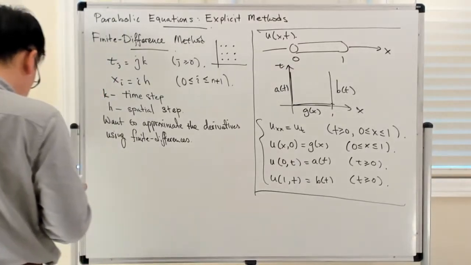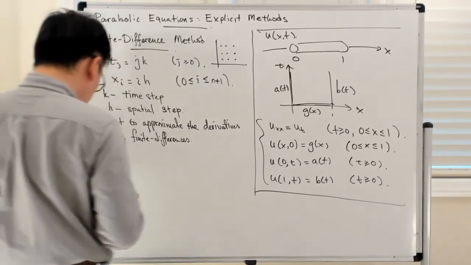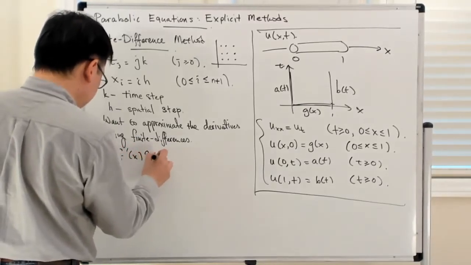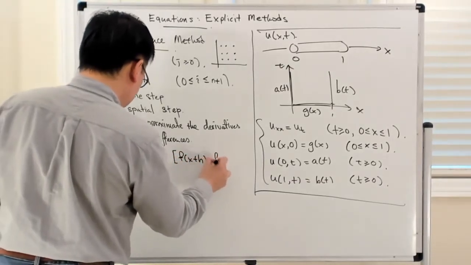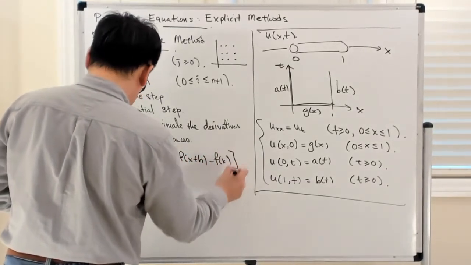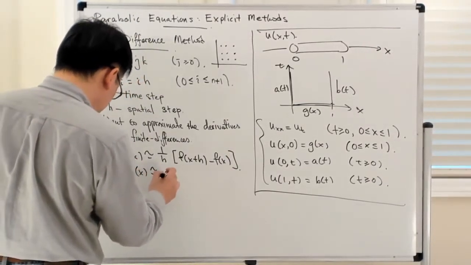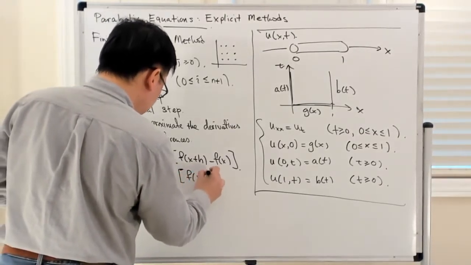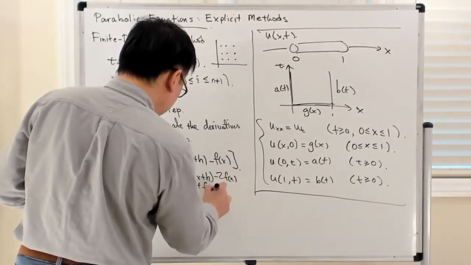Okay. So we know, for example, that f prime of x is approximately 1 over h, f of x plus h minus f of x, right? And then f double prime of x is approximately 1 over h squared, f of x plus h minus 2 f of x plus f of x minus h.